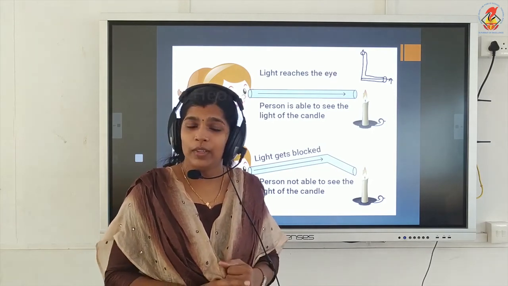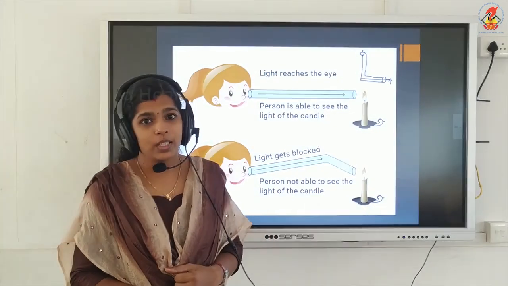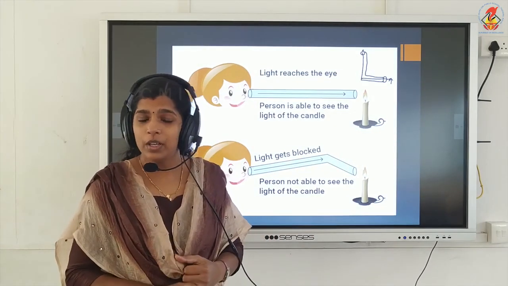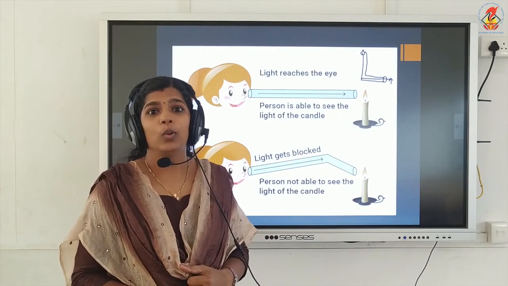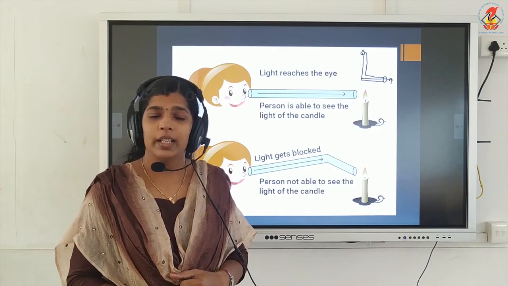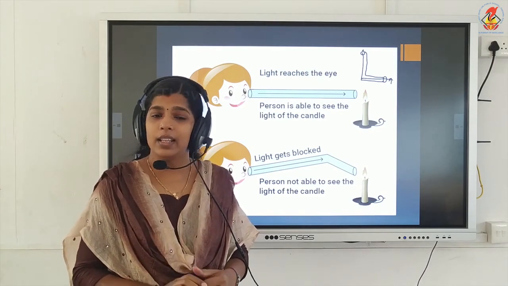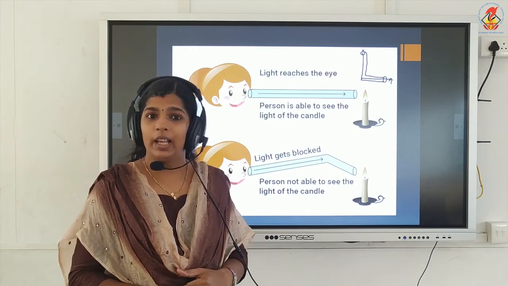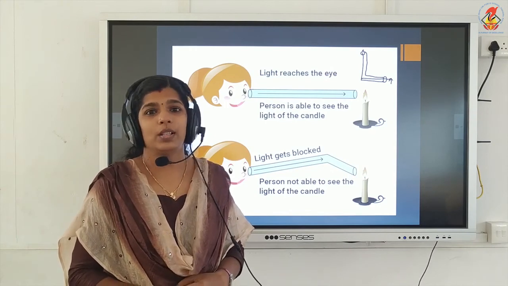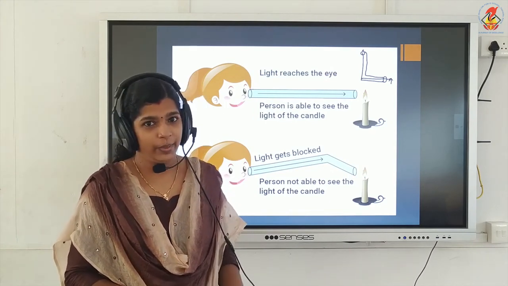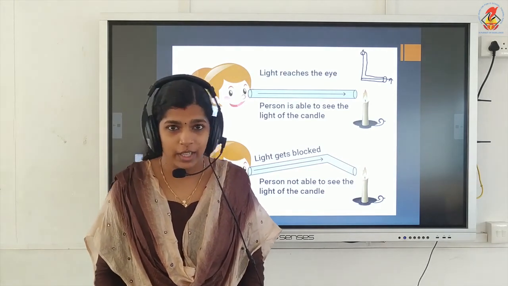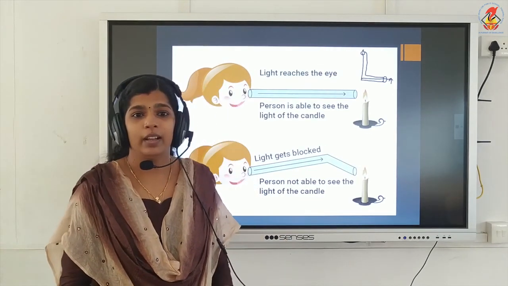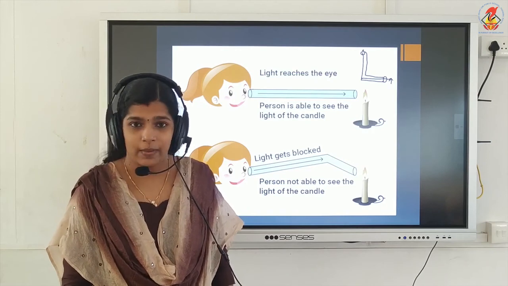Opaque objects will not allow light to pass through. Transparent objects allow light to pass through completely, and translucent objects will allow light to pass through partially. Just underline that in your textbook, page number 107.